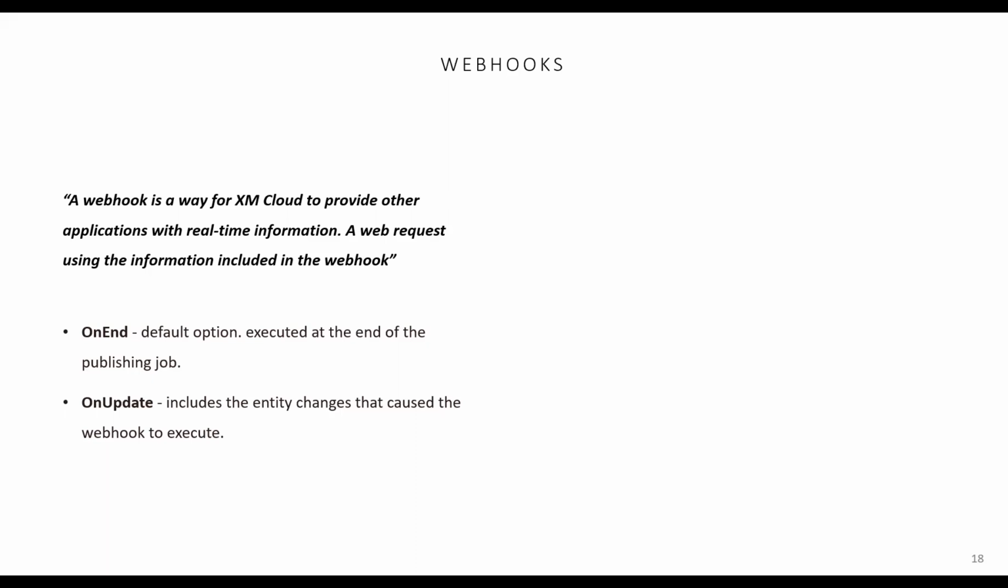And there's different types of webhook events. So you've got on end, say at the end of a publishing job, and on update, so changes to an entity. And this is an example of one.